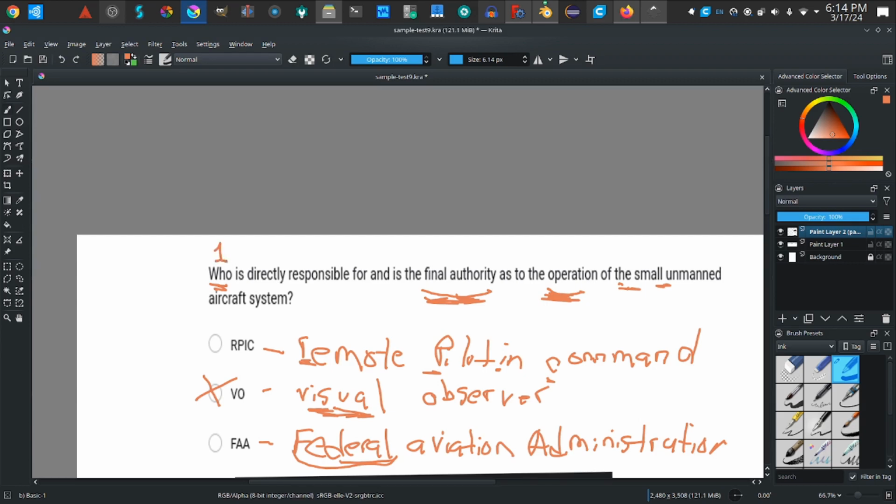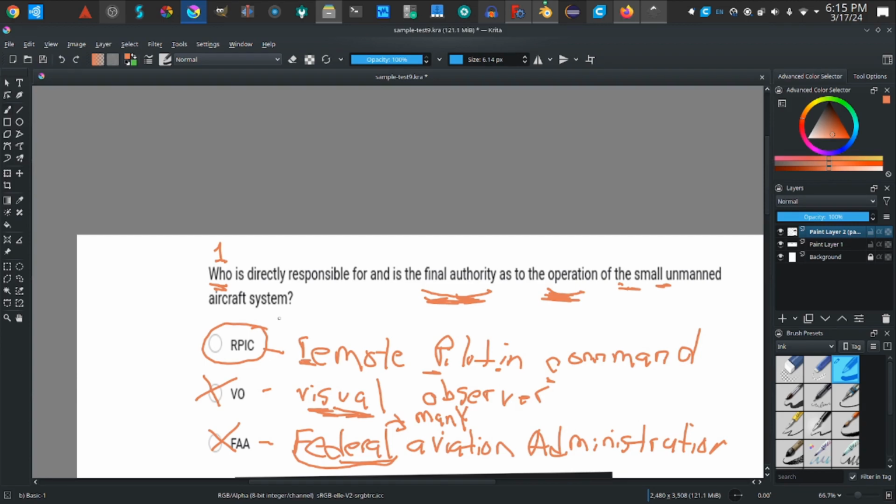It said who, one person. Who means one. Federal means many. So I crossed this out, and the final answer is just remote pilot in command.